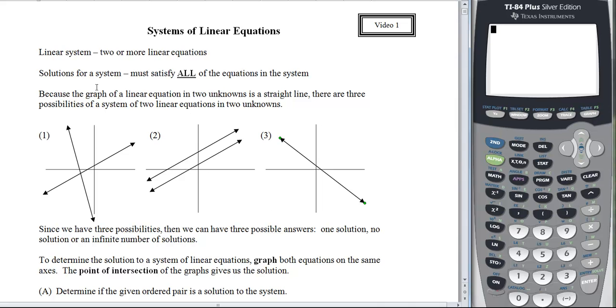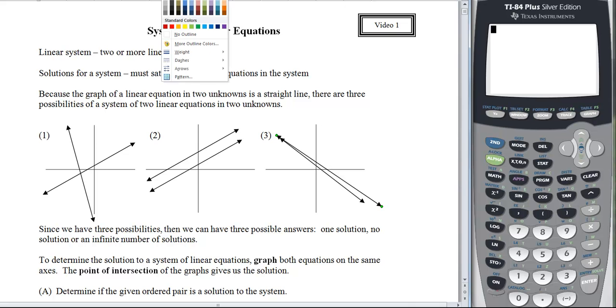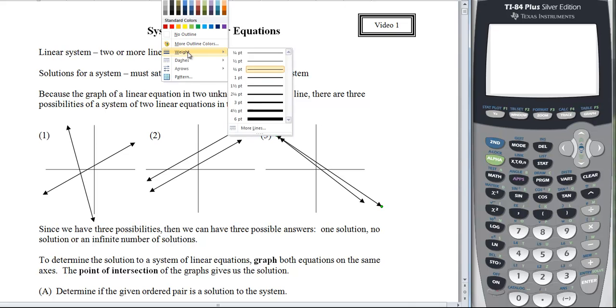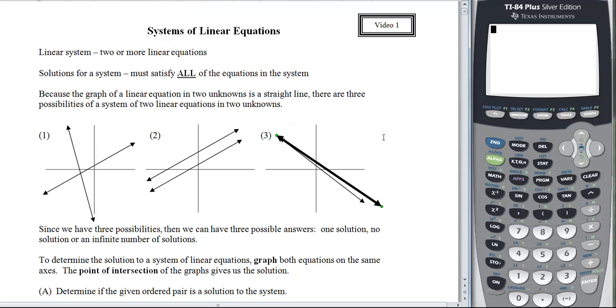A third possibility: what if the lines were the exact same lines? Let me make that a little bit thicker.